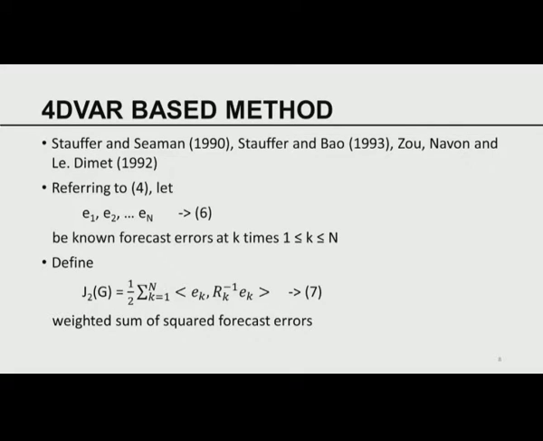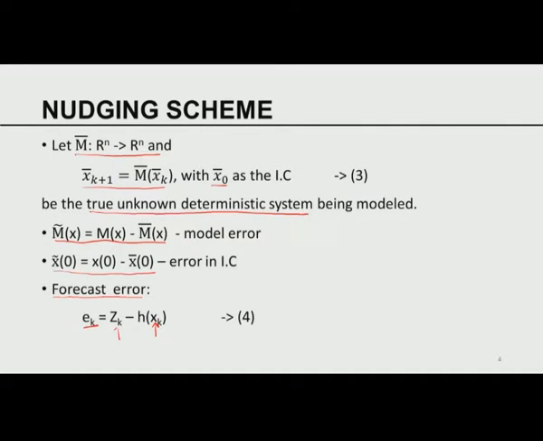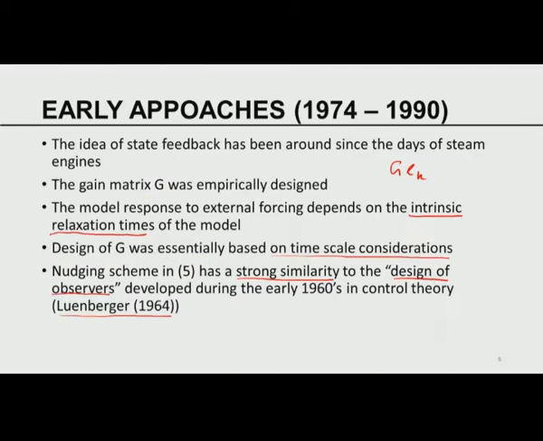Stauffer and Seaman, Stauffer and Bao, Zhao, Nawan and Li Demey were some of the earliest people who were working in trying to find the optimal value of G. So referring to equation 4, let me go back. Equation 4 at the bottom of slide 4 is the forecast error of the nonlinear model.